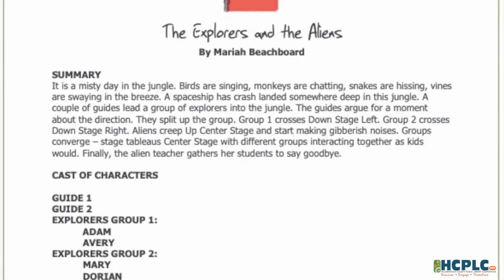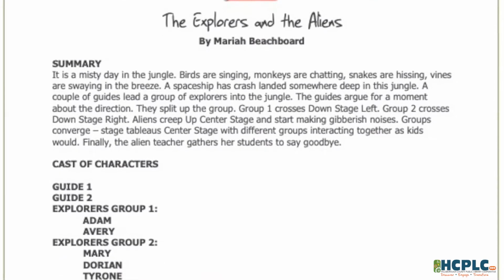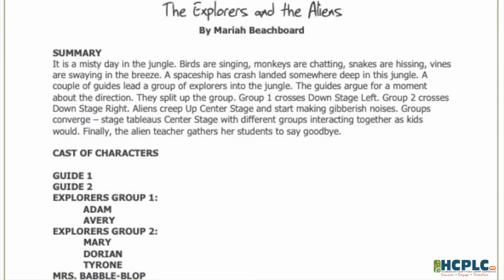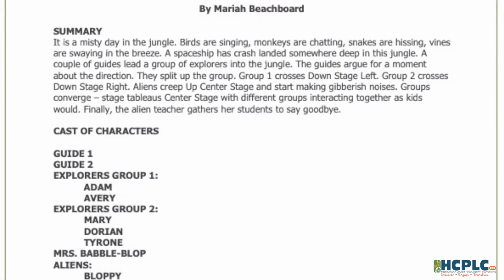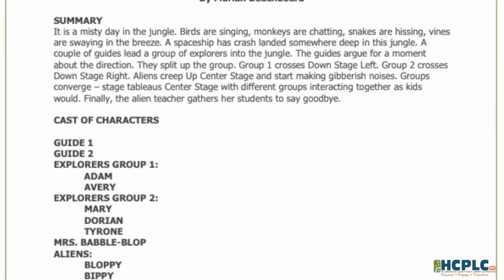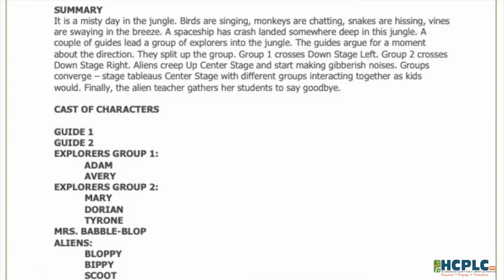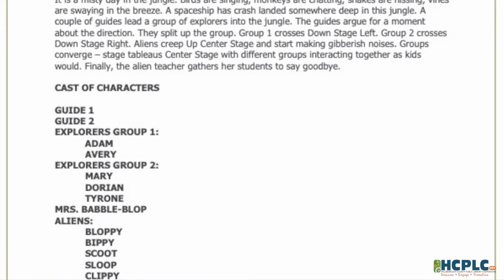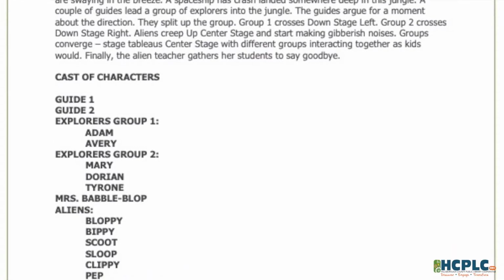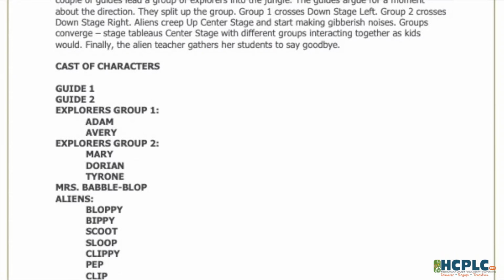Group 1 crosses downstage left. Group 2 crosses downstage right. Aliens creep up center stage and start making gibberish noises. Groups converge. Stage tableaus, center stage, with different groups interacting together as kids would. Finally, the alien teacher gathers her students to say goodbye. Cast of characters.